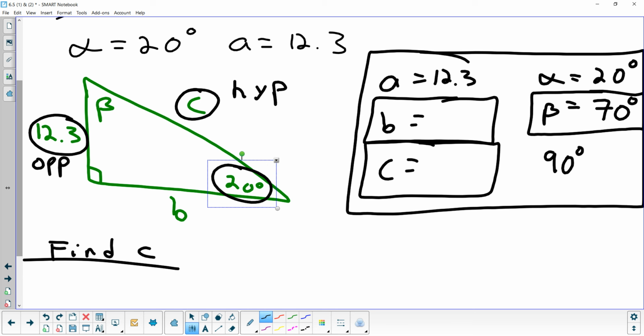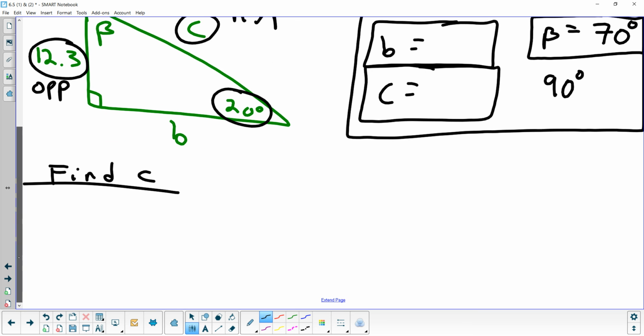So to find C, we need a trig function that has opposite and hypotenuse. I think we've already used that one today. Opposite and hypotenuse would be, Jake? Sine.